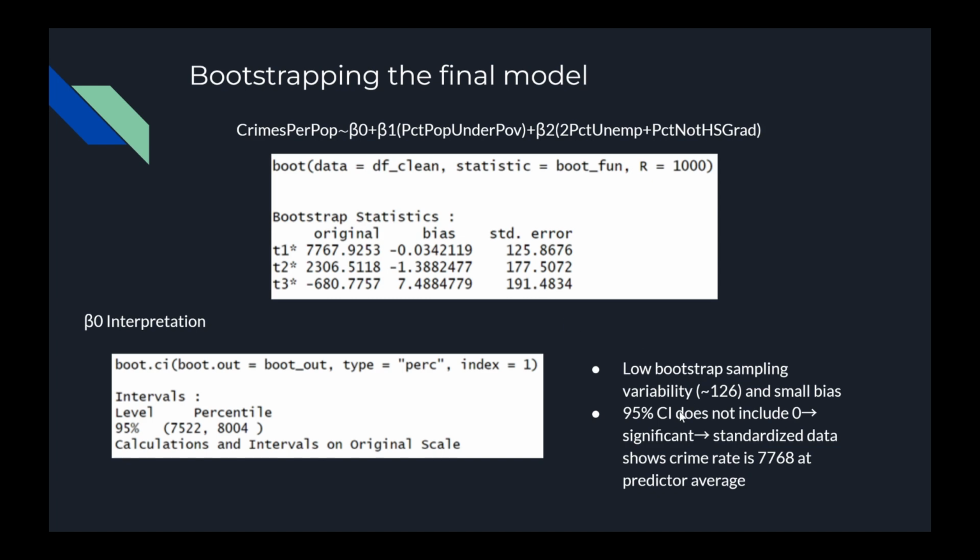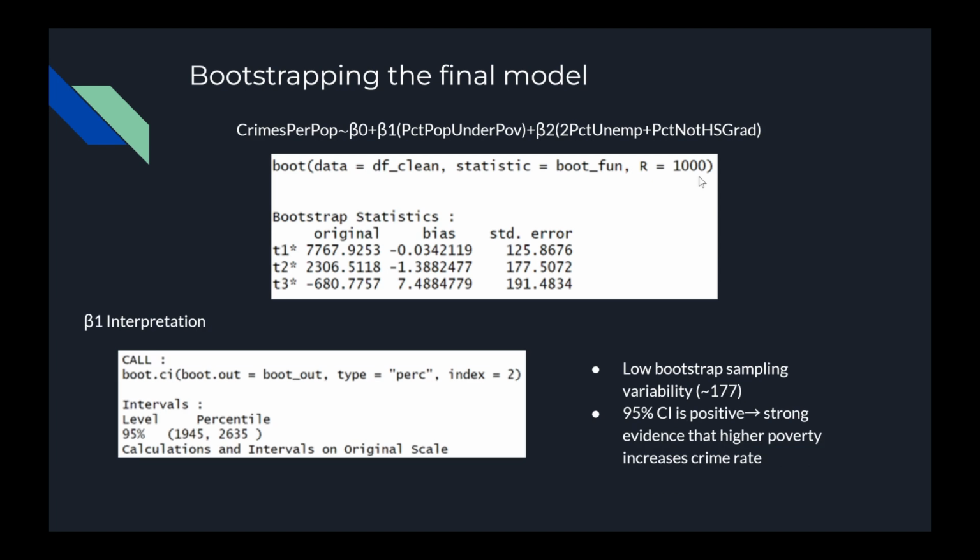Its 95% confidence interval does not include 0, indicating that it's statistically significant. And given the standardized predictors, the model suggests a baseline crime rate of 7,768 at the predictor average.